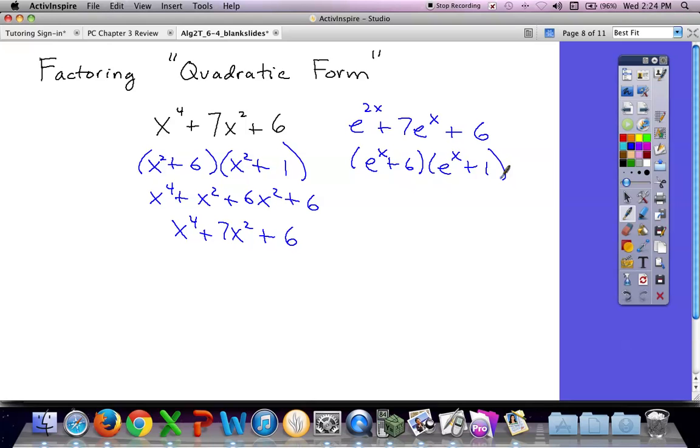Here's another one that'll come up. You'll get this stuff soon enough. Sine squared x plus 7 sine x plus 6. And that's the way you write sine squared, sine with a 2 and then the x. How do we think that's going to factor?